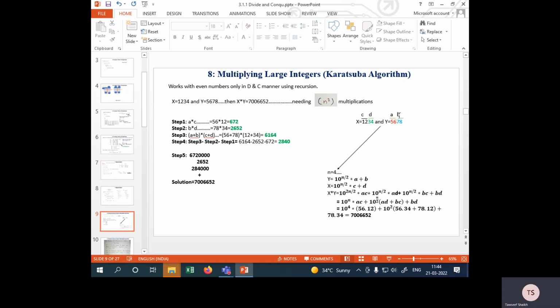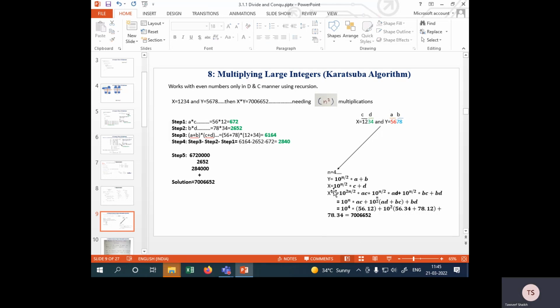Okay, and this b is at the units place and this a is at the tens place. So if I write y equal to, I can multiply this a with 10 to the power n by 2, plus, since b is at the units place, b times 10 to the power 0, which will be equal to b itself.